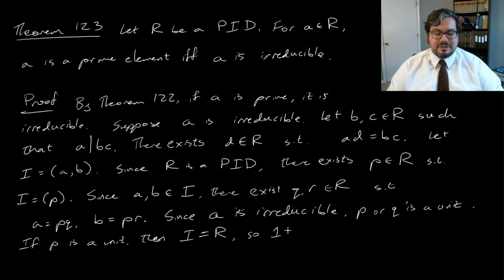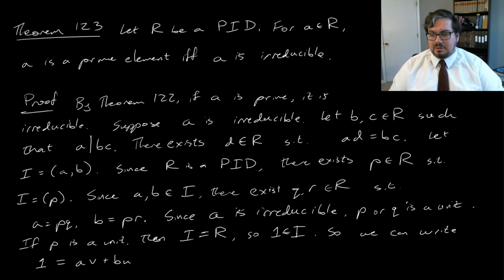So in particular, this means that the multiplicative identity belongs to the ideal I. So we can write that 1 is equal to, the ideal I, remember, is still generated by A and B, which means that every element of the ideal, such as 1, can be written as a combination of the A and the B. So in particular, 1 is equal to AV plus BW for some V and W.